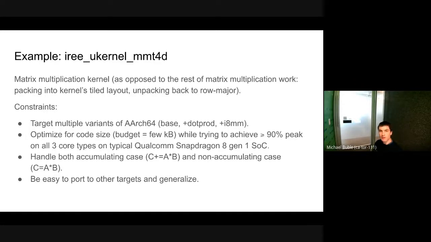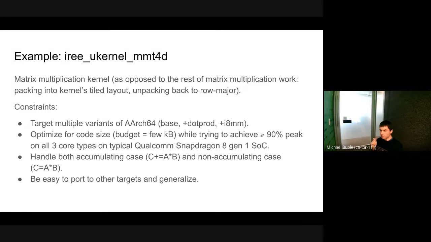But basically, think of MMT4D as just a matrix multiplication kernel on tile layout data. And by kernel, I mean not including the packing and unpacking work to go in and out of that tile layout. So far, only AArch64 plus a couple of variants, plus .prod, plus i8mm, optimized for code size, for the reasons said before, while still trying to be at 95% of peak.